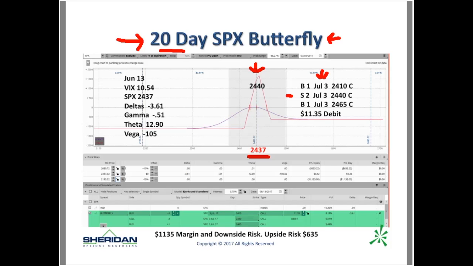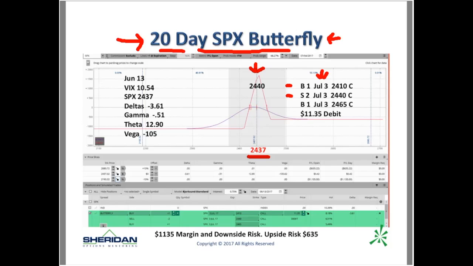So here's the trade. Here's a sample of the type of trade. I'm going to buy one in the money. This would be an all-call butterfly. Buy one July 3rd expiration 24.10 call.